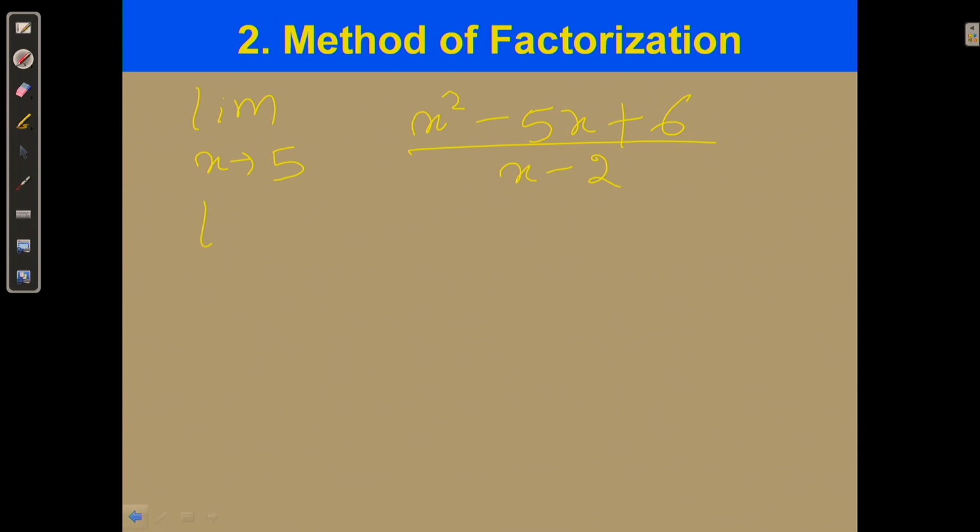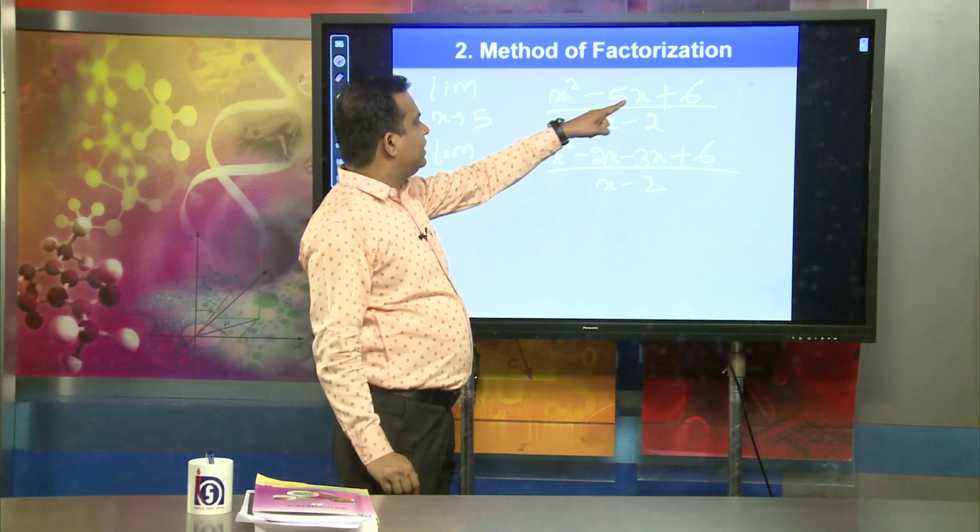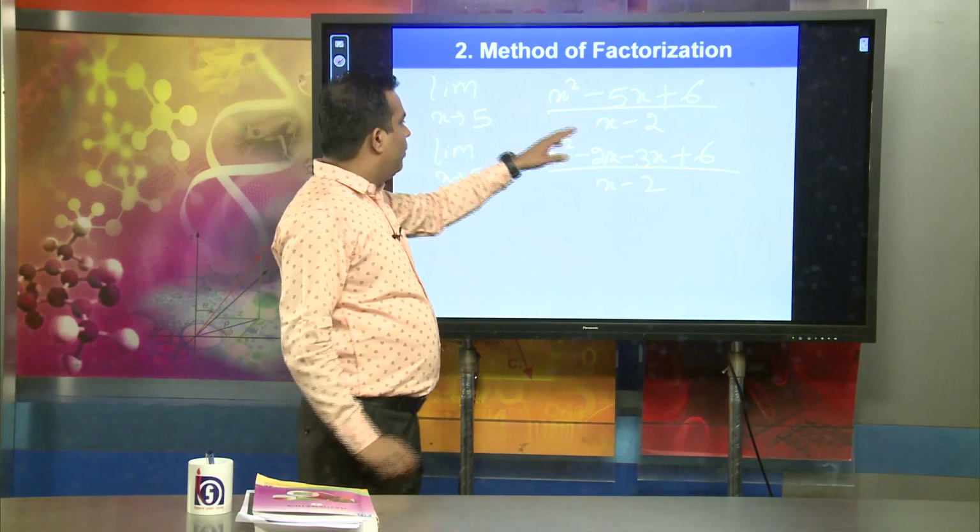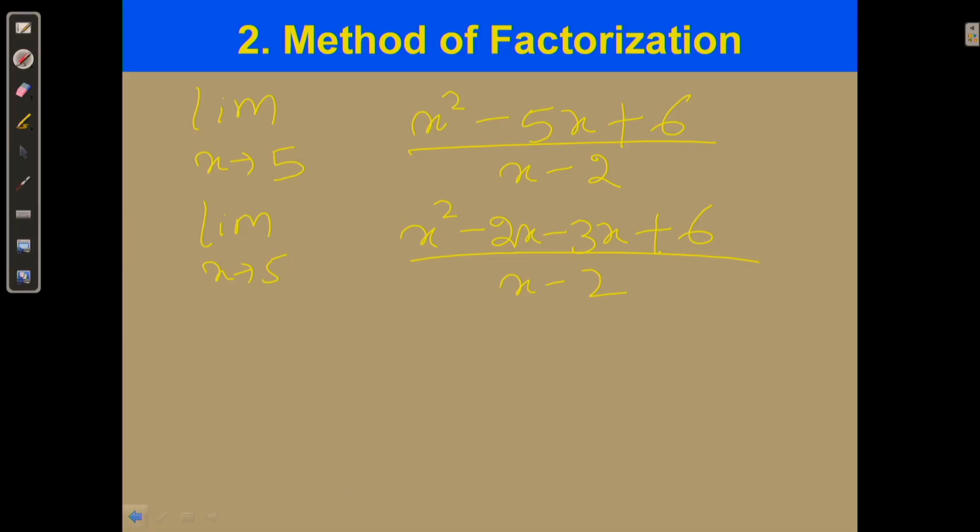We know that the limit as x tends to 5, I can write x square minus 2x minus 3x plus 6 divided by x minus 2. Here we have split the middle term, minus 5x, which equals minus 2x minus 3x.